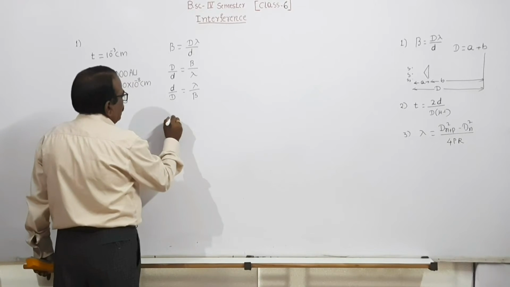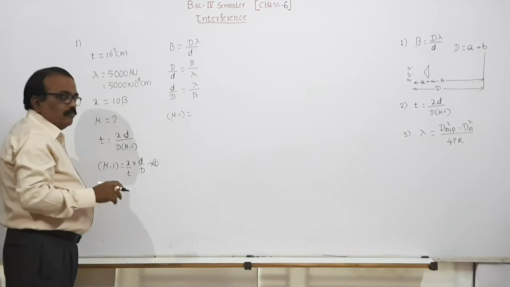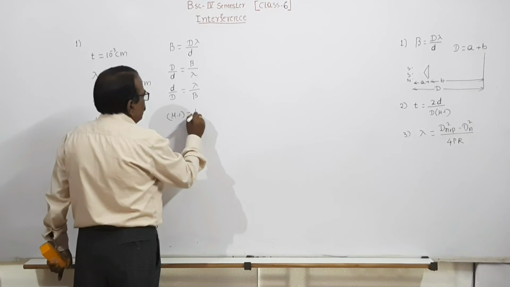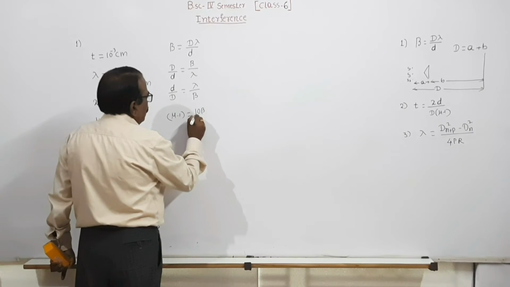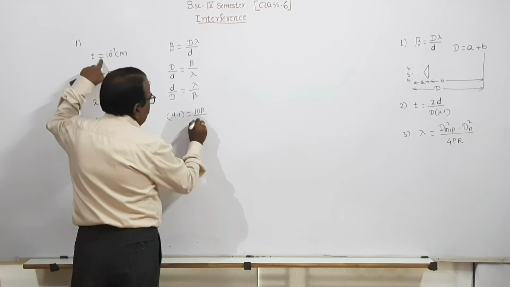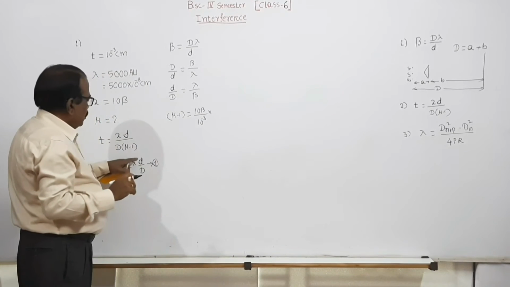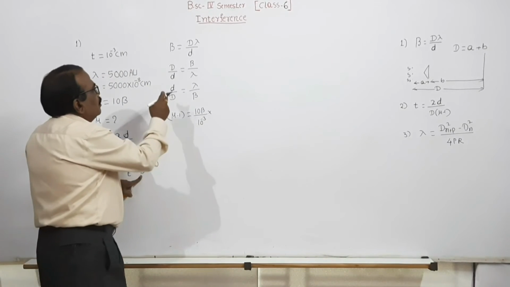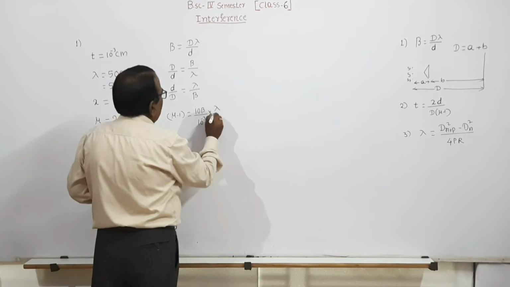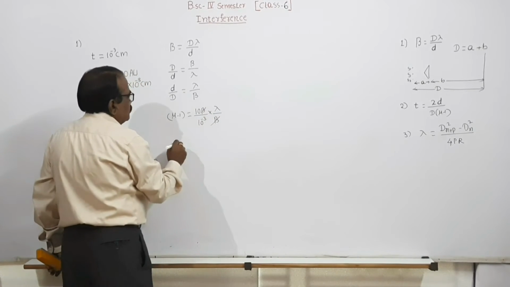Your mu minus 1 is equal to, so x is 10 beta divided by t is 10 raised to minus 3 into d upon D. D upon d is lambda divided by beta. So beta gets cancelled.